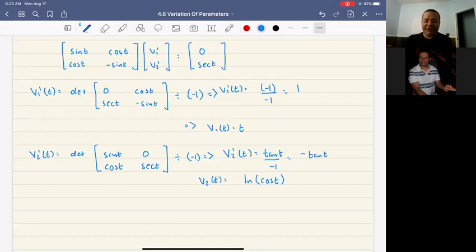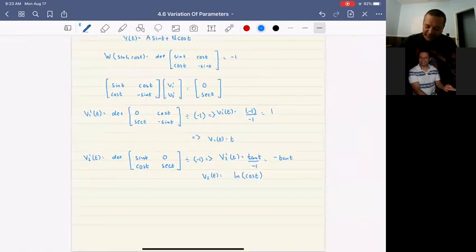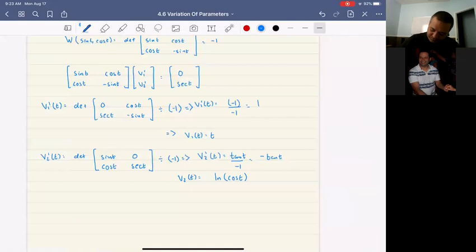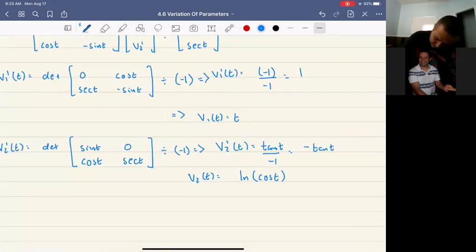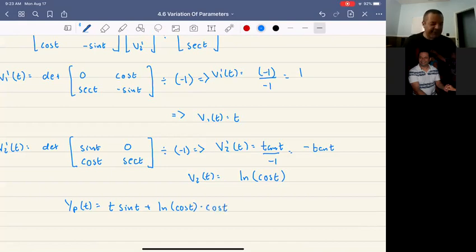So now what is our particular solution? Our particular solution is then t sine of t plus natural log of cosine t times cosine t.